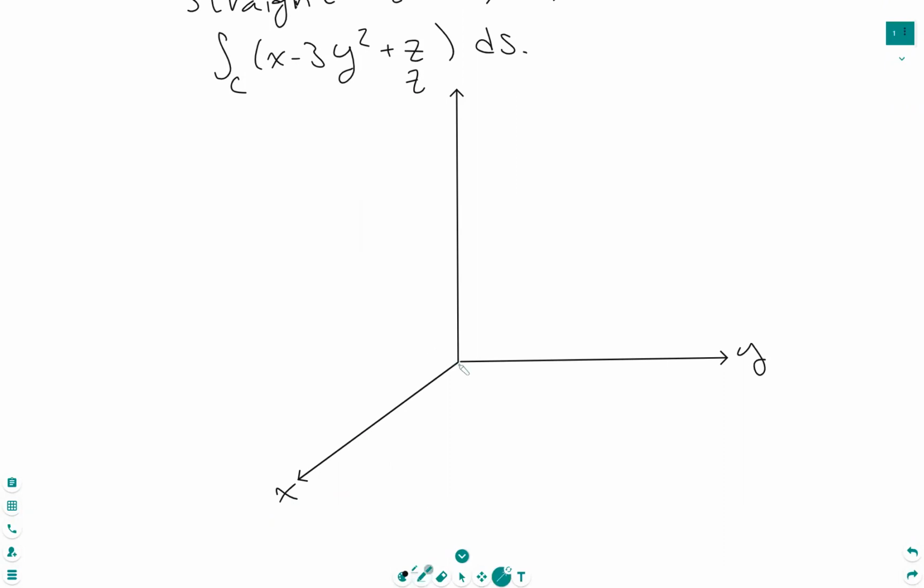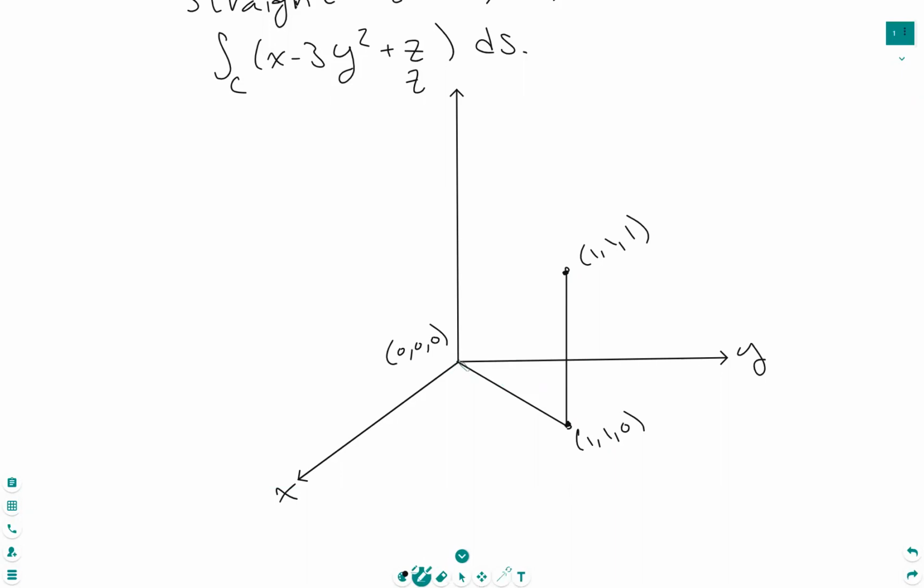And then we're going out from the origin out to some point, 1, 1, 0. And then from there, we go straight up until we hit our terminal point. So we go from 0, 0, 0 to 1, 1, 0, and then finally to 1, 1, 1.